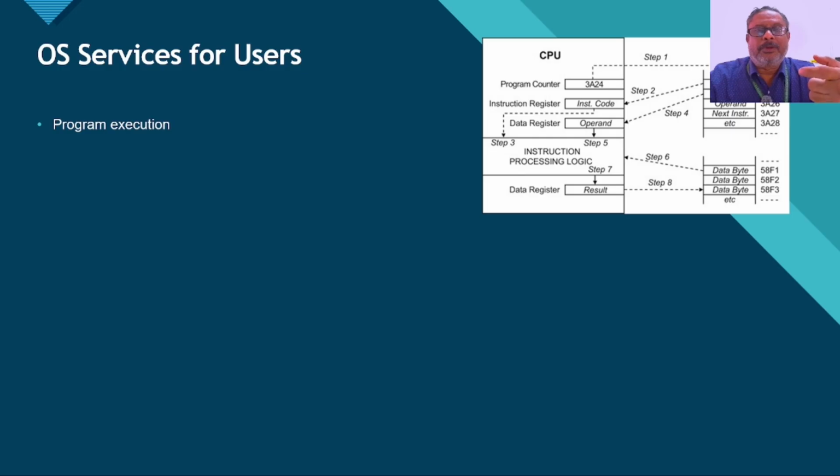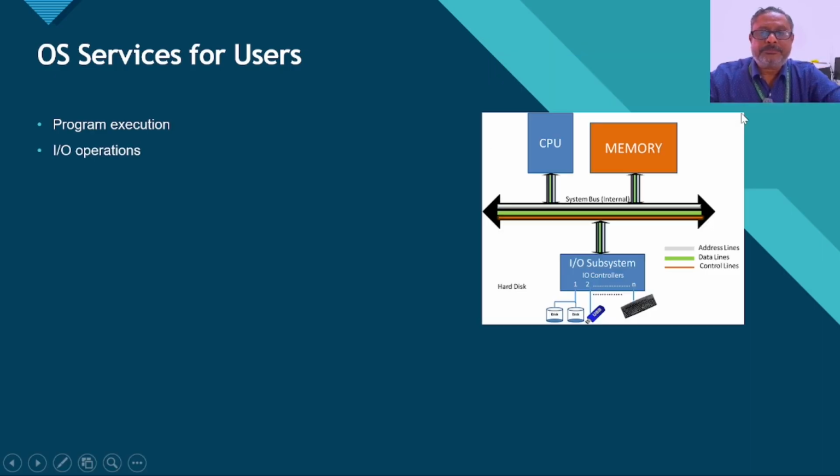If that operation needs some data with it, which we call operands, then it will fetch the operands from the program and make the execution possible. It executes the instruction and the results are stored appropriately. So one instruction at a time, it just takes on and runs the process.